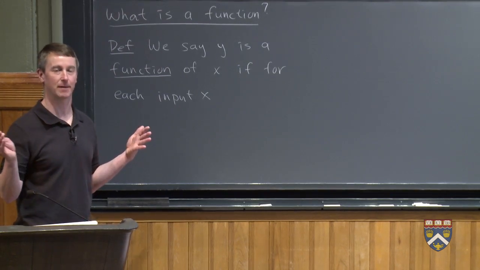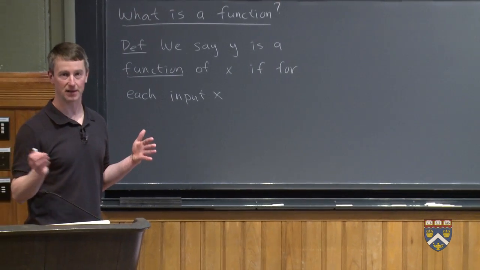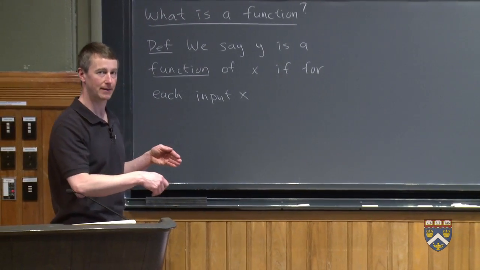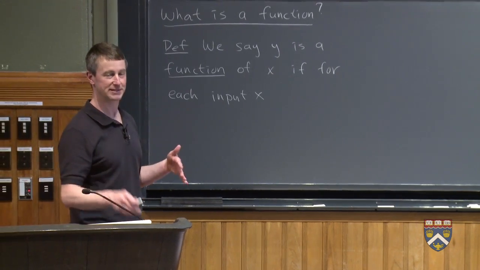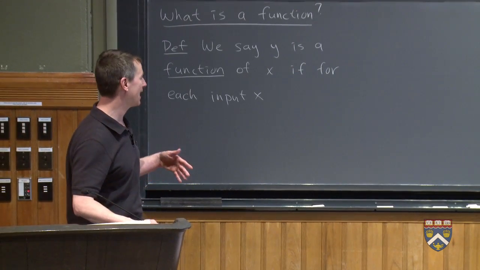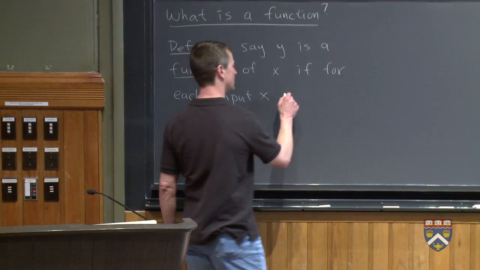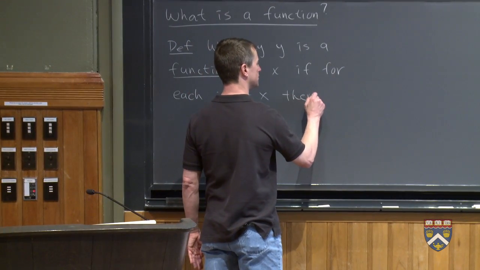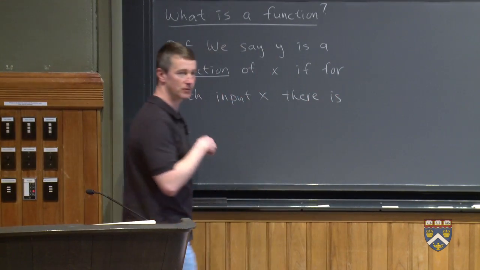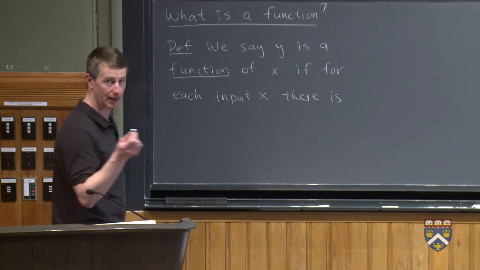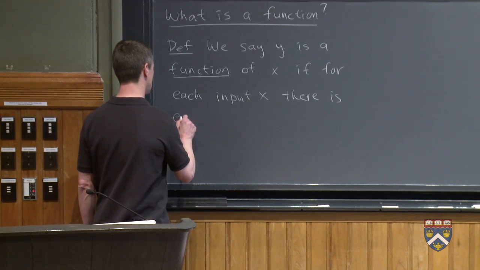So maybe if you've one time studied a function as being like a machine, x is the thing that you're putting in. And now you should be thinking to yourself, what is it that's supposed to be special now? We say that y is a function of x if for each input x, there is supposed to be exactly one output y.